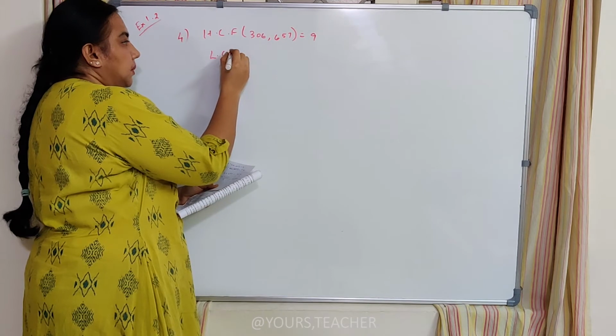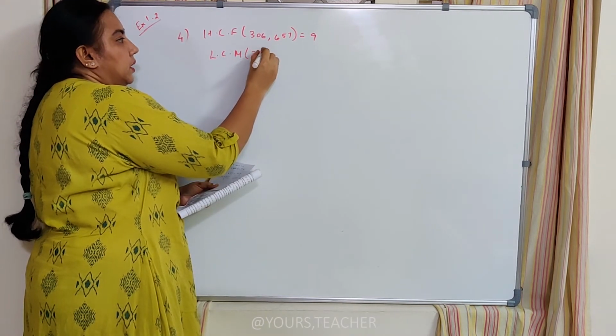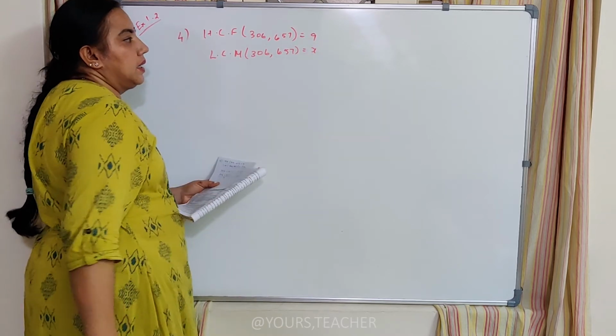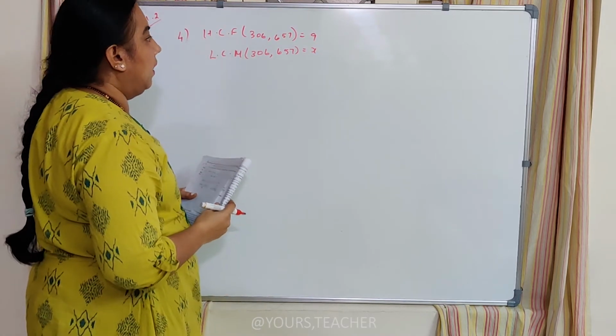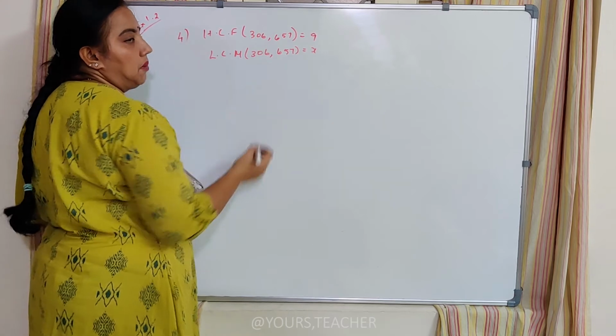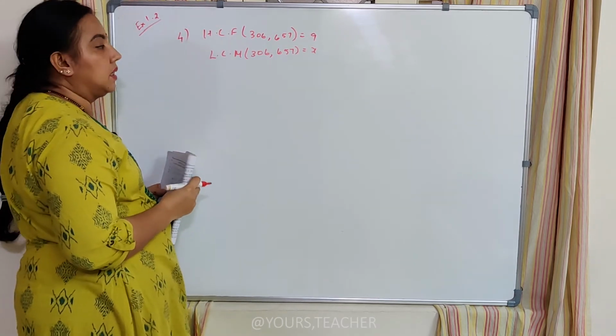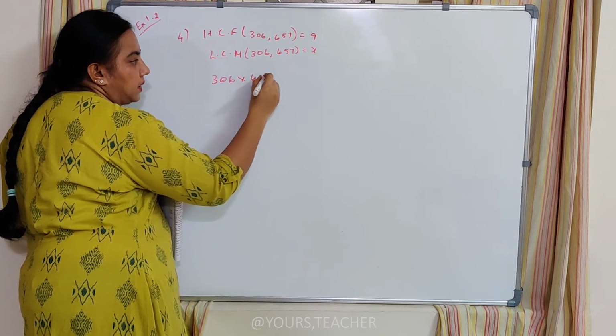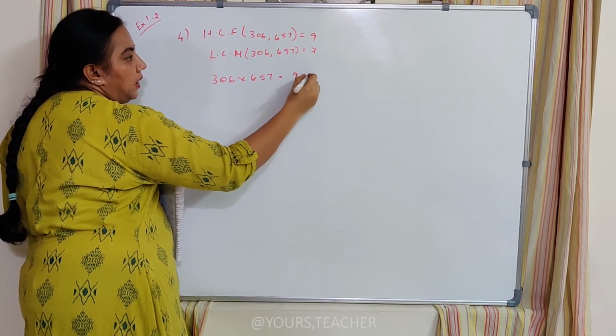And the LCM they have not given for these two numbers. Let us consider it as x. And what we already know is the product of the two numbers is equal to the product of the LCM and the HCF. So 306 into 657 is equal to 9 into x.